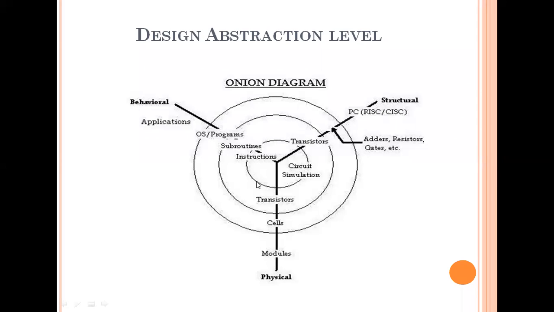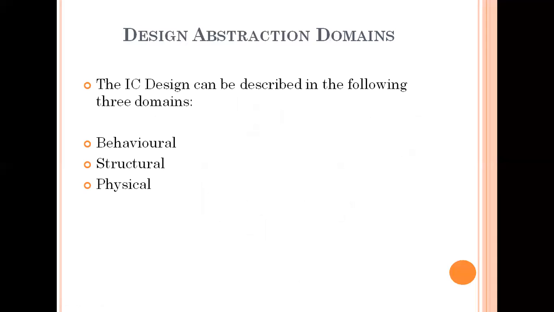And the third abstraction level is the physical level, represented by the transistor, cells, modules. We'll discuss these levels in detail. In the design abstraction domains, the IC design can be described in the following three domains: behavioral, structural, and physical.